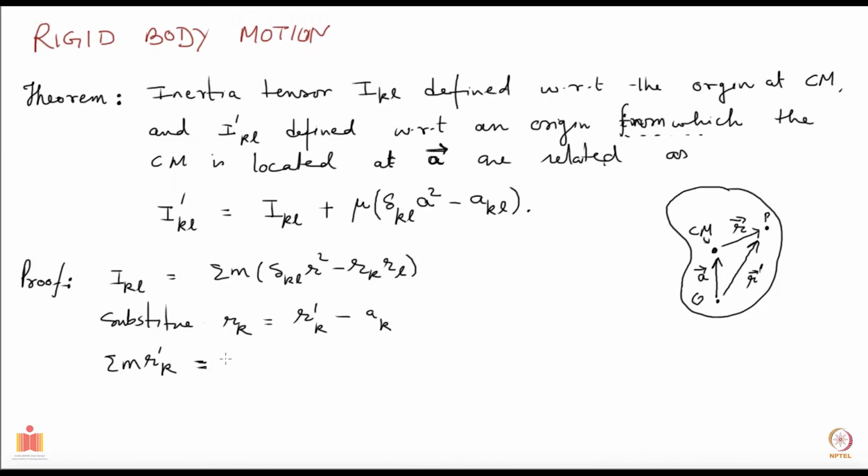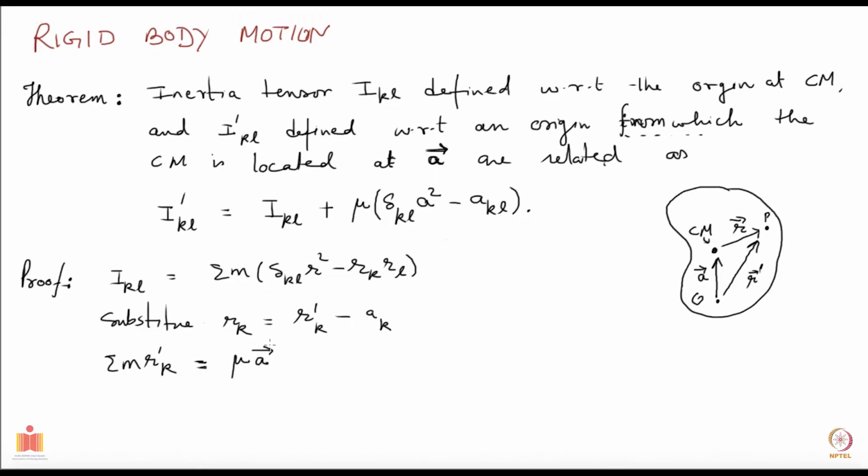So m r_k prime is the location of the center of mass times the total mass. So you will get, you see, this is what this says: the entire thing divided by the total mass is the center of mass from this origin. And where is it located? It is located at vector a. So you should get this, right?